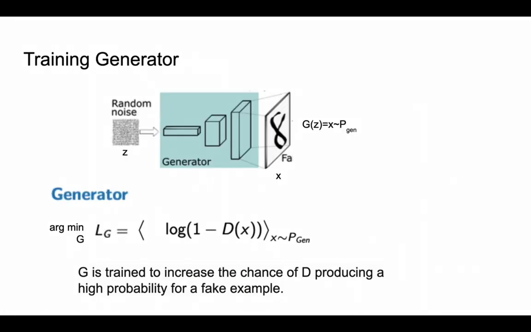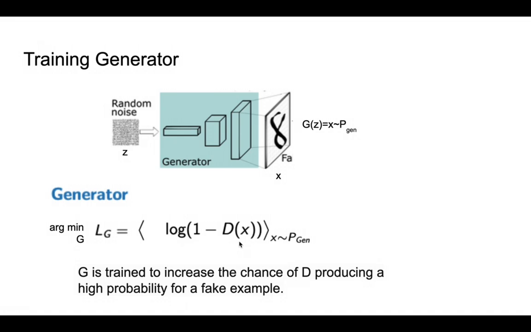To train a generator, it takes random noise as input and generates the fake data. The generator G is trained to increase the chance of the discriminator producing a high probability for a fake example.